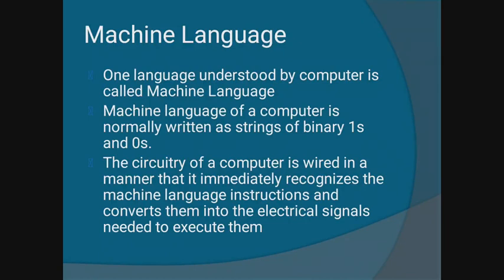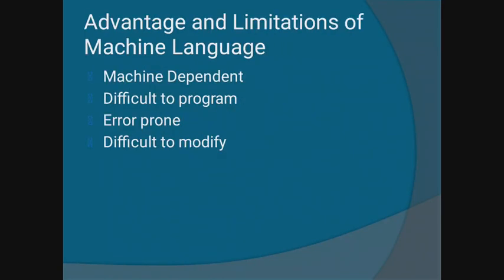We directly use zeros and ones, and we have designed the computer in such a way that machine language can be accepted by it. Let us see the advantages and limitations of machine language. Machine language is machine dependent, they depend only on the machine.